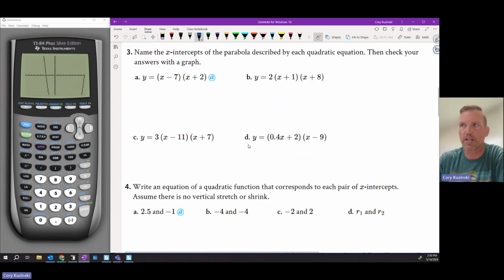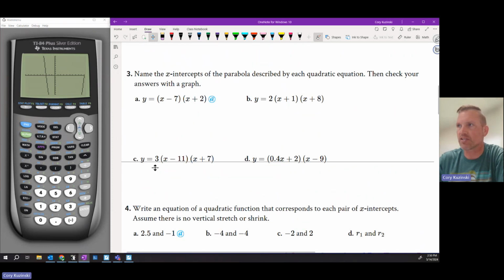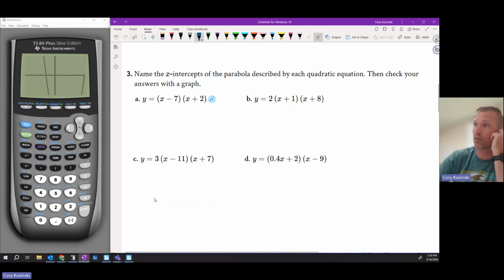Next up, number 3. Name the x-intercepts of the parabola described by each quadratic equation. Then you check your answers with a graph. All right. Well, they are 7, 0, and -2, 0.